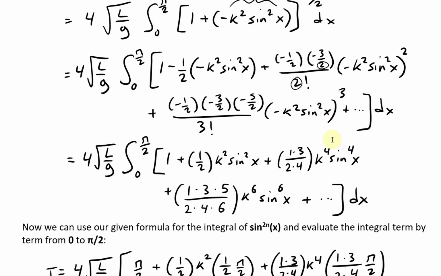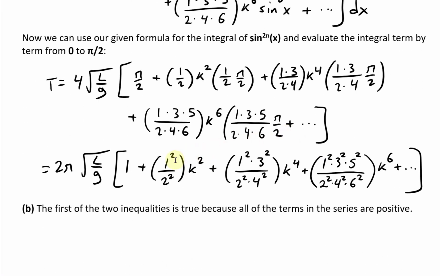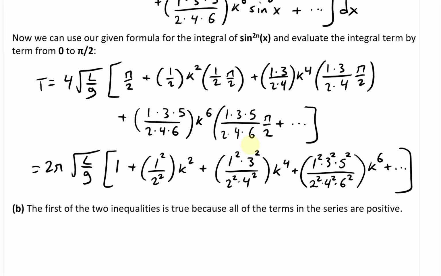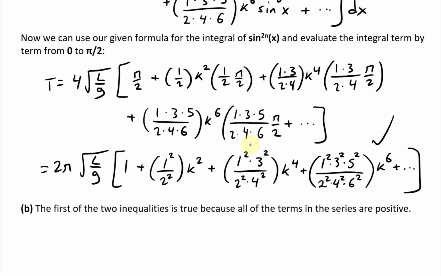You can see here as well, 1 over 2, both squared, and 1, 3, 2, 4 all squared, then 1, 3, 5, 2, 4, 6 all squared, and there's the k6. So this is exactly as we were asked. Let's put a check mark like that.